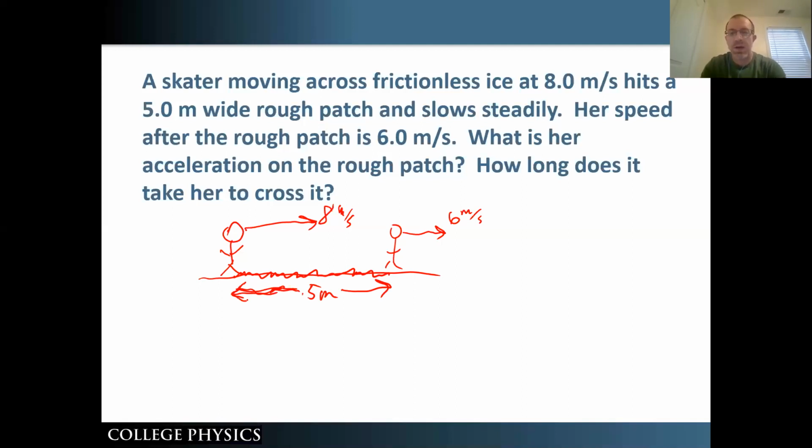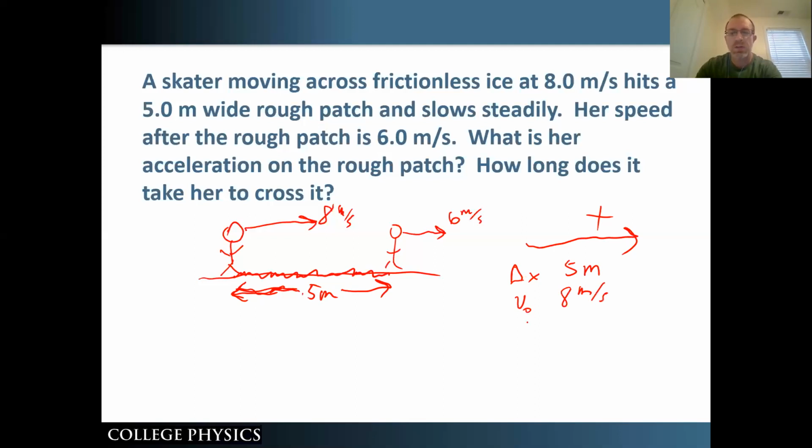What's my next step? My next step is deciding on a positive direction. So we'll make to the right positive. And after that, I start writing down a table of values. So let's see if I can do that. My delta x, my displacement, is positive 5 meters. My initial velocity is 8 meters per second.